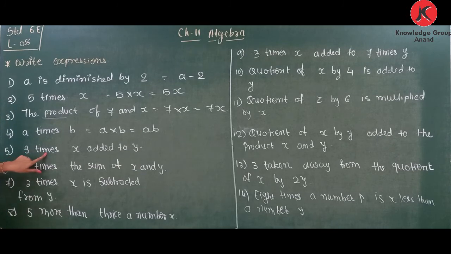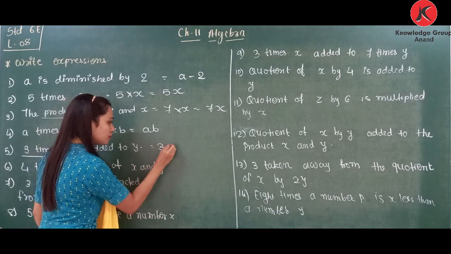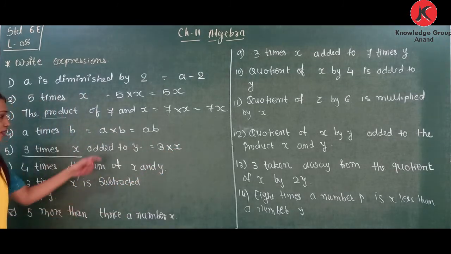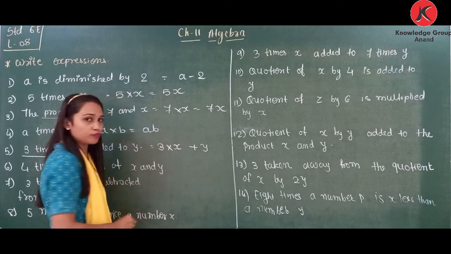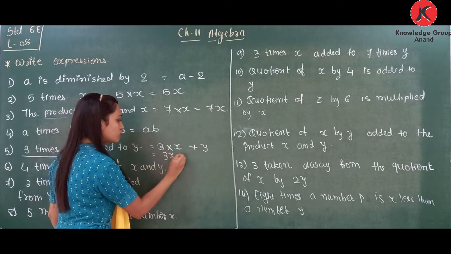Next, 3 times x added to 1. So first 3 times x means 3 multiplied by x, and added to 1. So this will give 3x plus 1.